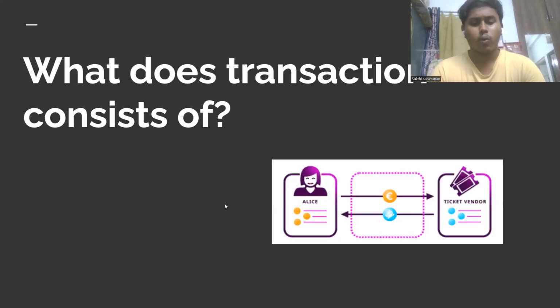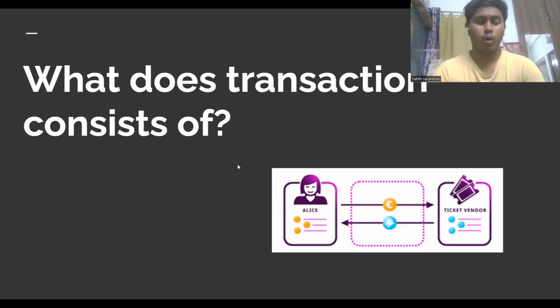So, what does a transaction consist of? Let's take a scenario where Alice wants to go to a movie. To ensure this transaction in the context of a blockchain, what is it supposed to contain so that we can describe this whole exchange?